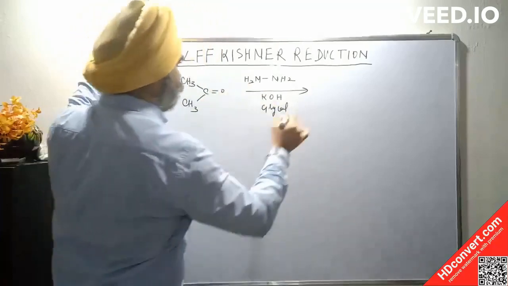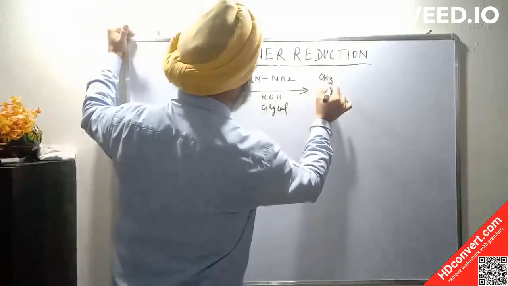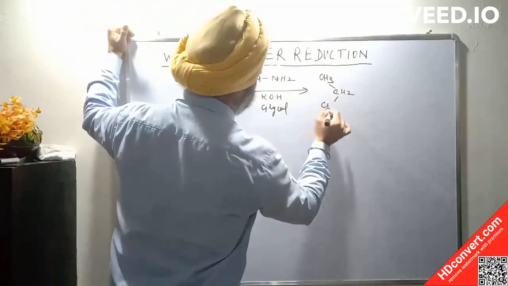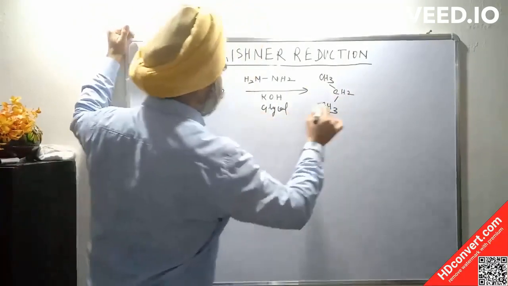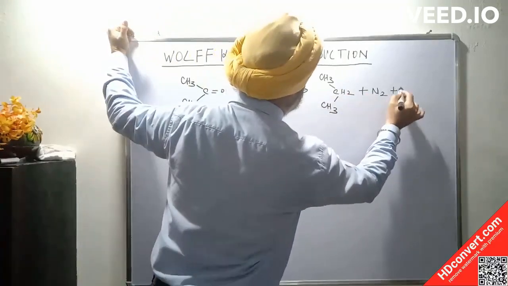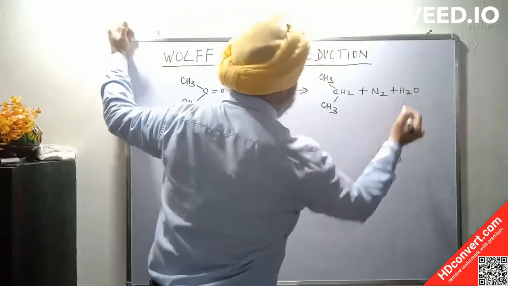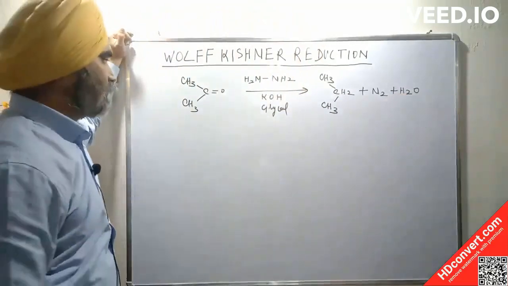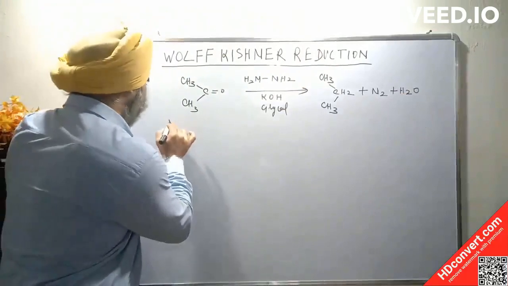What we will get? We will get CH3, CH2 and CH3, plus we will get N2 and H2. So now we will see how this reaction happens. So we will see its mechanism.